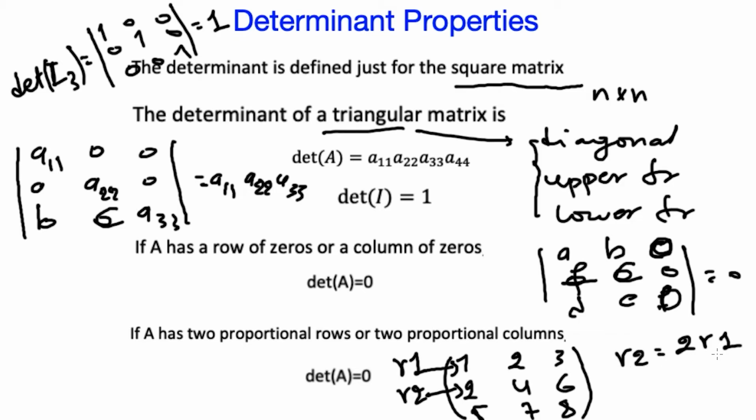So these two rows are proportional, and that means the determinant of such a matrix is always equal to 0.